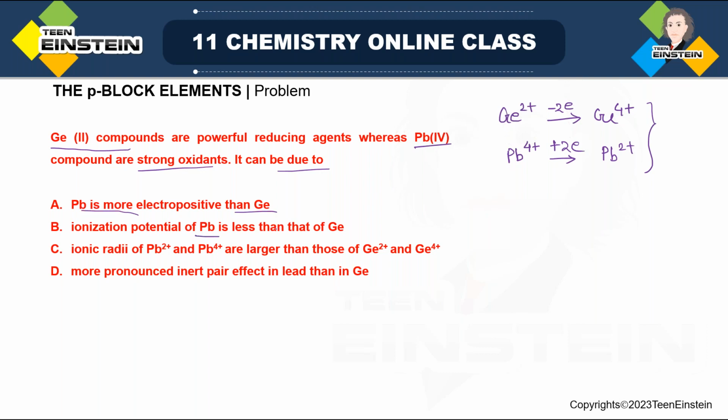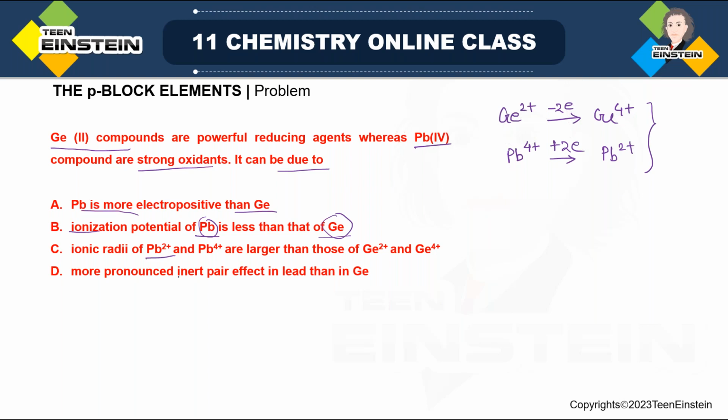Then, ionization potential of Pb less than that of Ge. Here also, when it is not mentioned which ionization potential, first, second, whatever, by default we consider the first. Now the first ionization energy for Pb and germanium will not help us to answer this question, that is, to give the explanation for why we have this type of observation. Basically the observation is given, we have to find the reason behind it, but this cannot be the correct reason.